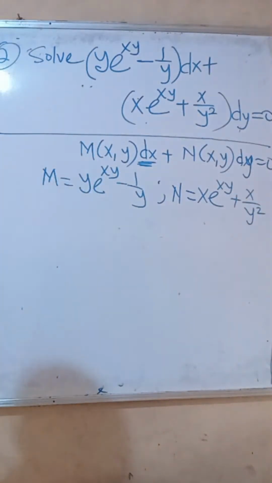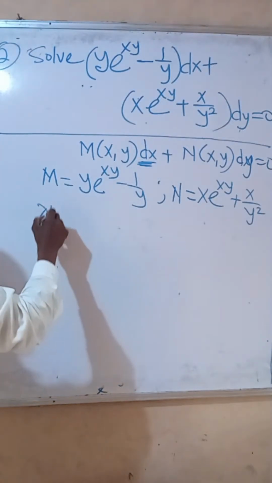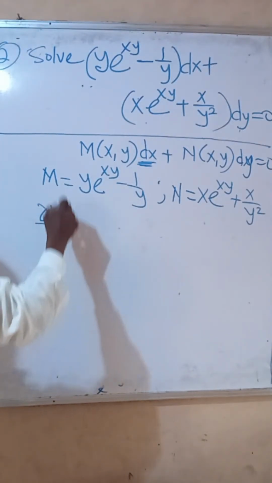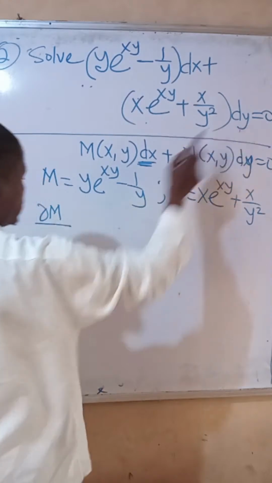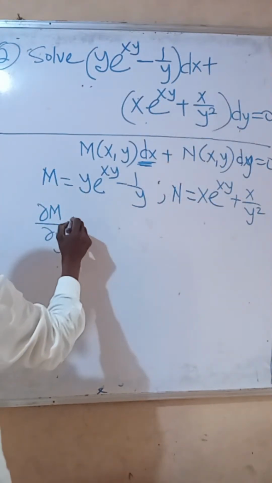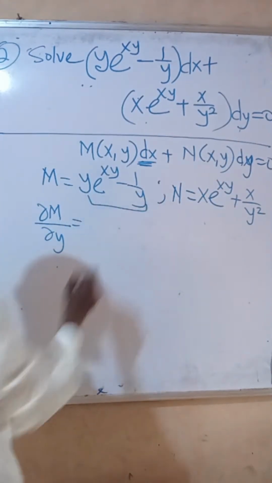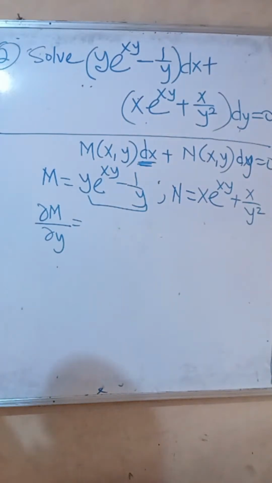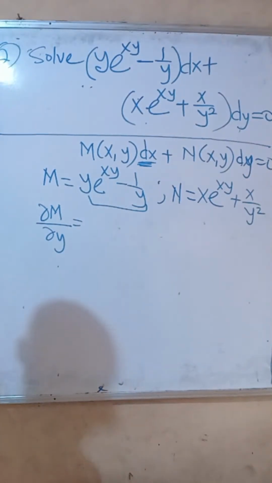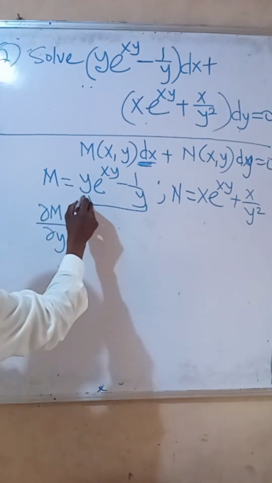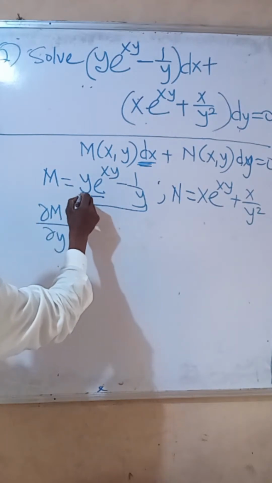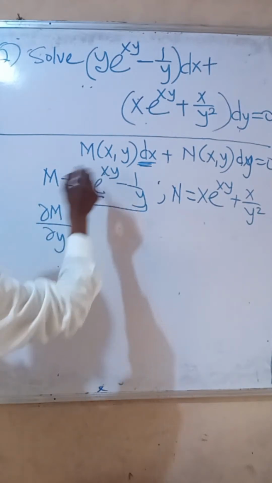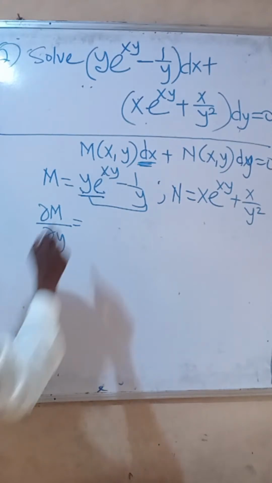Okay, so we're going to do the partial differential of M with respect to y. So look at what we have there. With respect to y, this will be a product rule for y times e to power xy. I'm going to do the y first.